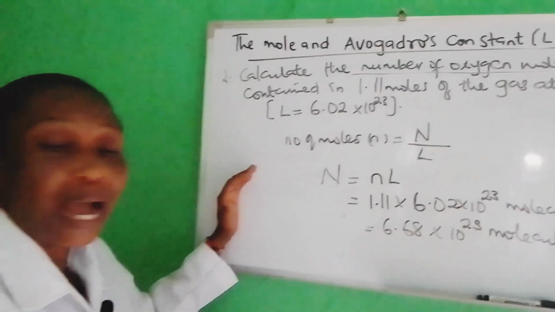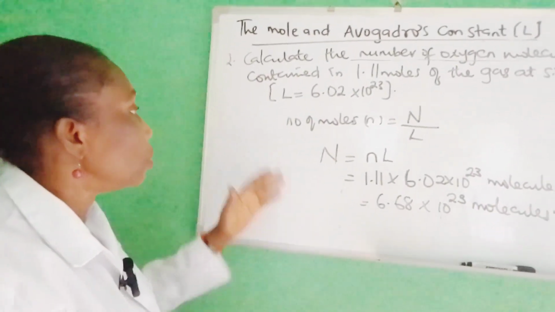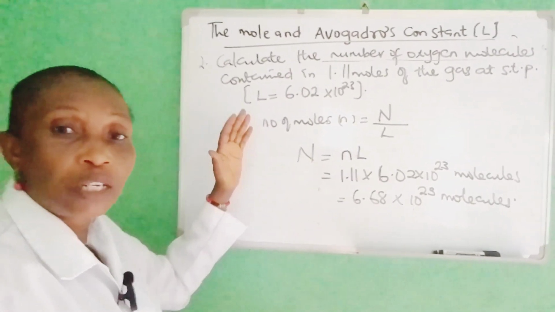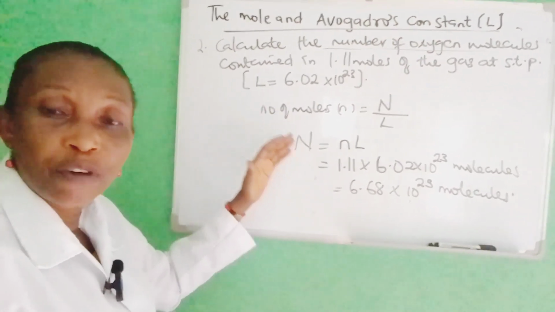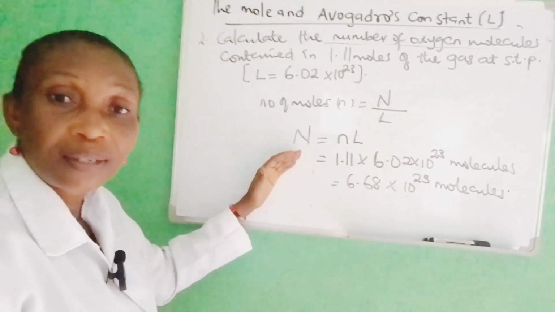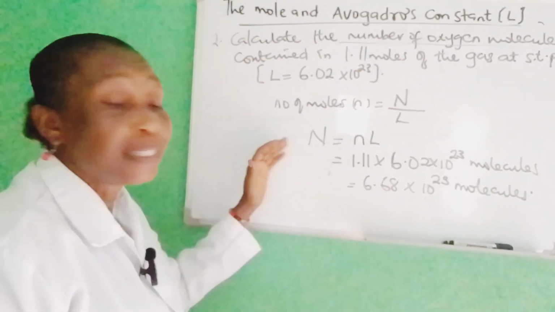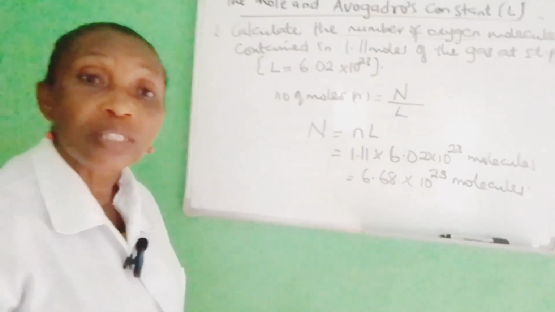Recall that the number of particles can be determined using the relationship between the number of moles and the Avogadro's constant, just by multiplying the number of moles with the Avogadro's constant.